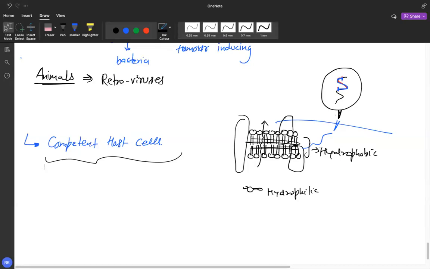So from 0, it's like keeping your finger in ice. It's chilled. You can't sense anything. And then for a very brief period, you keep it in 42 degree water. You will get a temperature shock, right? That's called heat shock.